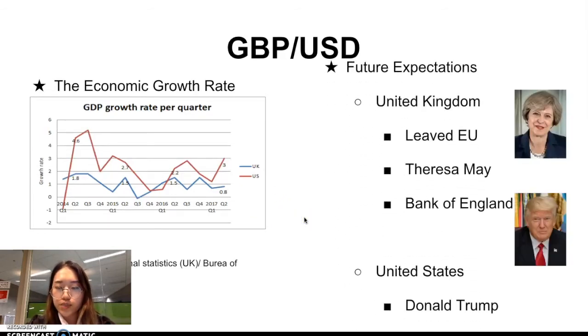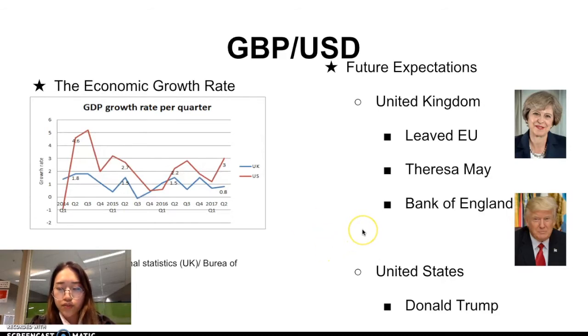For future expectation, the pound has risen against most major currency pairs after the UK leaves the European Union and the election of Theresa May, making the conversion of pounds into other major currencies a more attractive proposition.